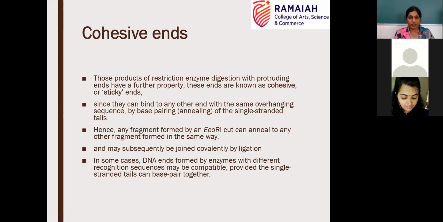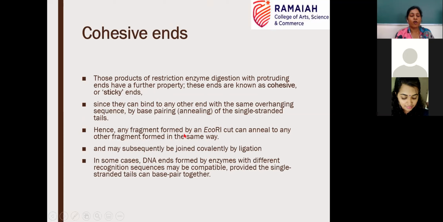Why are they called cohesive ends? The products of restriction digestion with protruding ends have a further property. These ends are known as cohesive or sticky ends because they can bind to any other end with the same overhanging sequence by base pairing or annealing of the single-stranded tails.